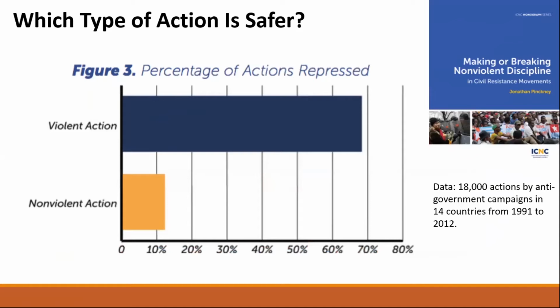It looked at many different campaigns as sort of a different and more recent database, and they found that the percentage of violent repression was much higher when movements engaged in violent tactics. So not only is it more successful to use civil resistance, it defends people better in that it cuts down the amount of attacks by a ruling elite.